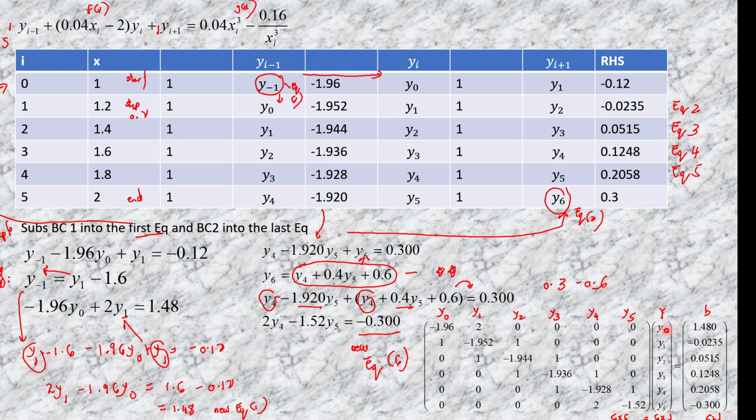The second, third, fourth equations also have non-diagonal values that add up to more than the diagonal. So this is not diagonally dominant, and you cannot solve using Gauss-Seidel, but you can solve using the Gauss elimination method.